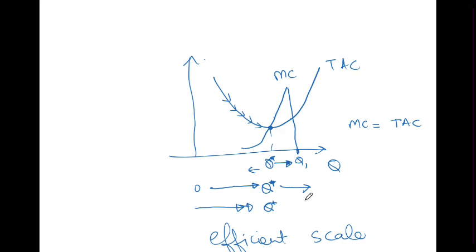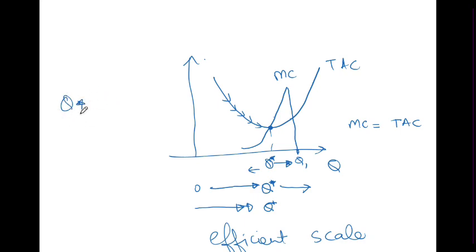When you keep on increasing, you come to a point where marginal cost becomes equal to the total average cost. This point is called the efficient scale. And in the slides that follow, we'll discuss how firms basically want to scale. They want to increase their productivity. They want to keep on producing more.